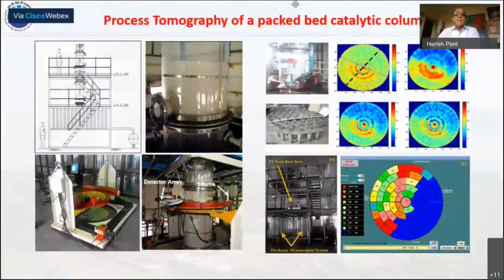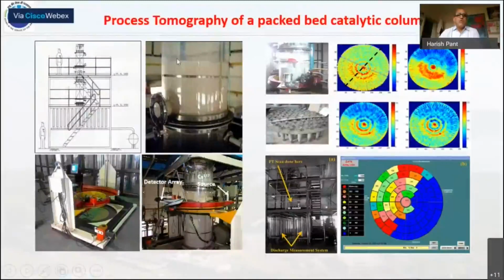This is a tomographic system which has been developed for investigating the process, and that is why it is called the process tomography of a packed bed catalytic column. In industry, this kind of packed bed is very commonly used.